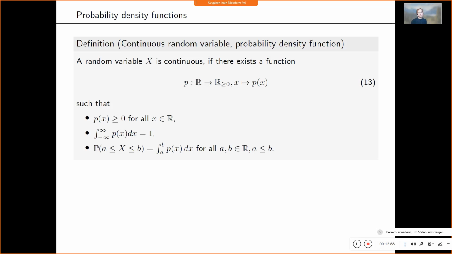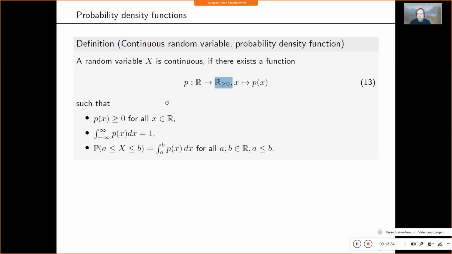And what random variables are they associated with? That's the definition that we use here. A random variable x is continuous if there exists a function p from the real numbers to the non-negative real numbers, where each real value x gets allocated a function value p(x), such that the p(x) are non-negative, which is already implied by this range definition here.